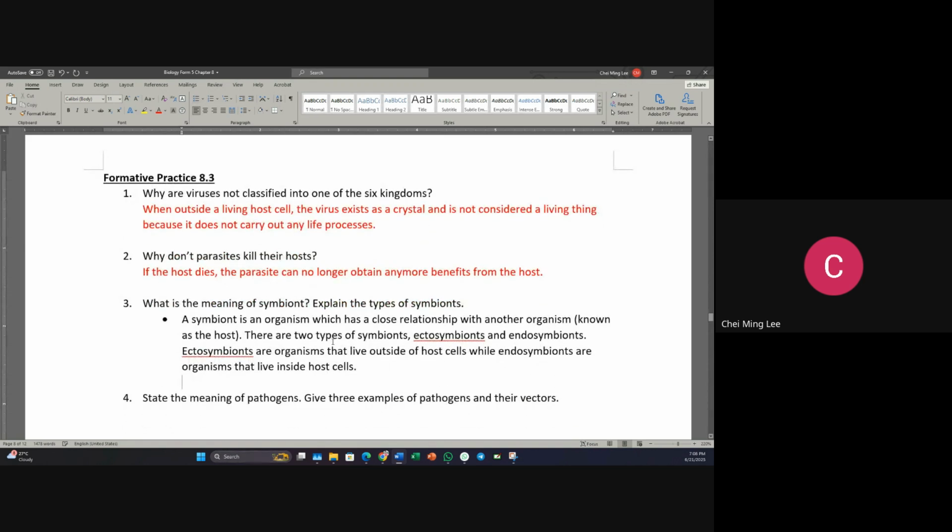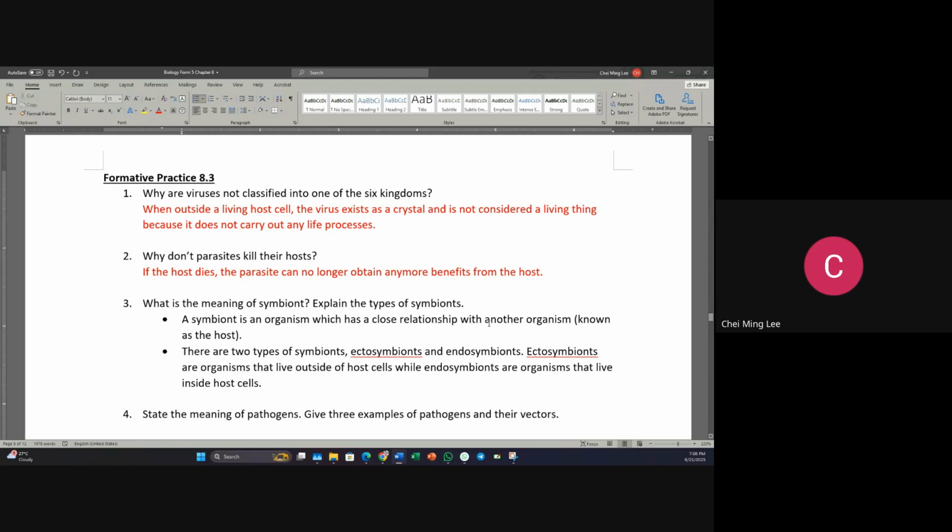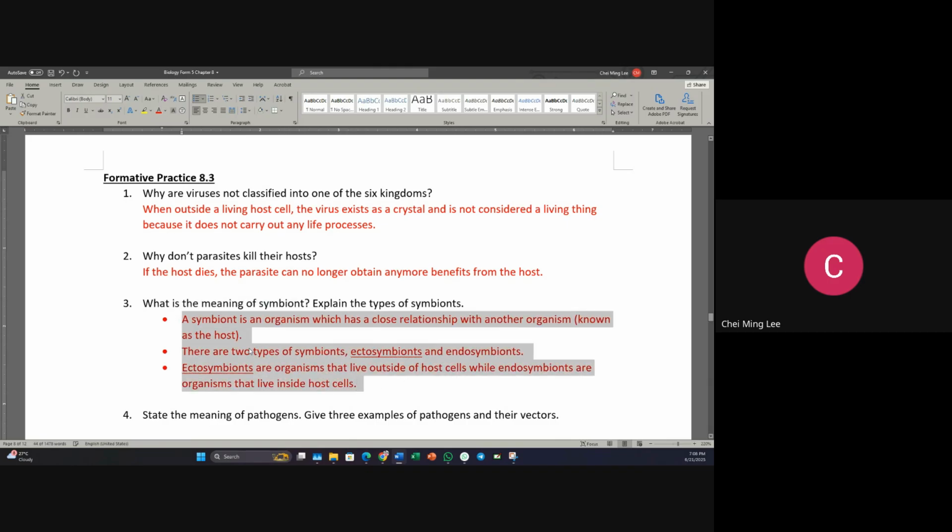So a symbiont is an organism that has a close relationship with another organism, which we normally call a host. There are two types of symbiont, ectosymbionts and endosymbionts. Ectosymbionts live on the outside of the host cell.